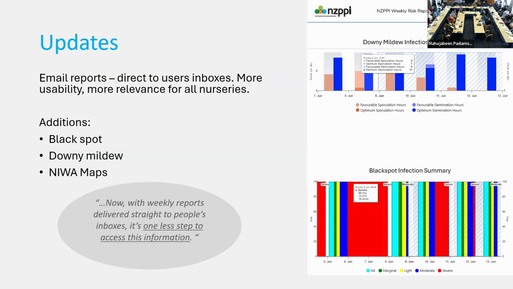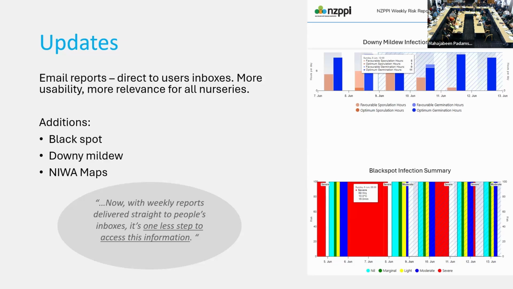But since then, we noticed a little bit of a drop in online use of the tool. So last year, I think, we brought in a weekly email. A PDF gets generated for the nursery's selected weather station, and it is sent to their inbox every Friday with a whole bunch of information: the weather sheet, as well as the myrtle rust risk, and we've added 2 other diseases, black spot and downy mildew, from other industries.